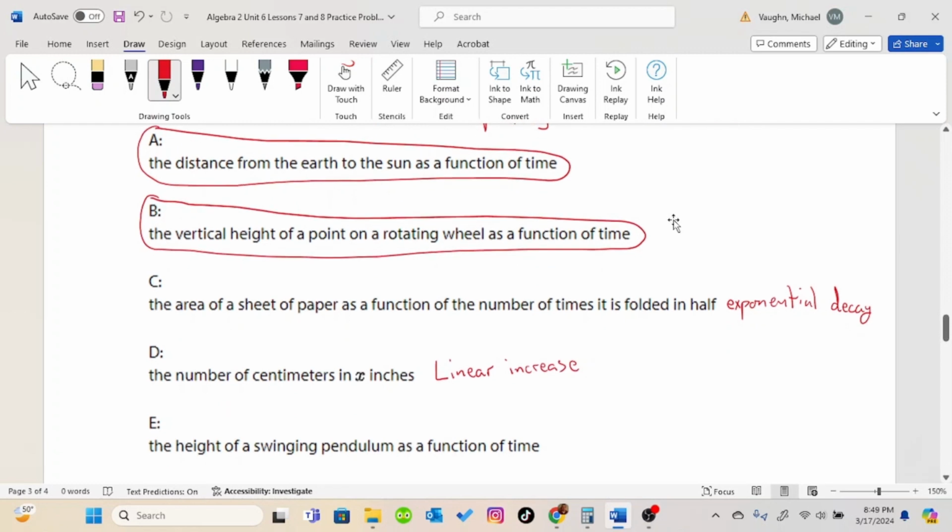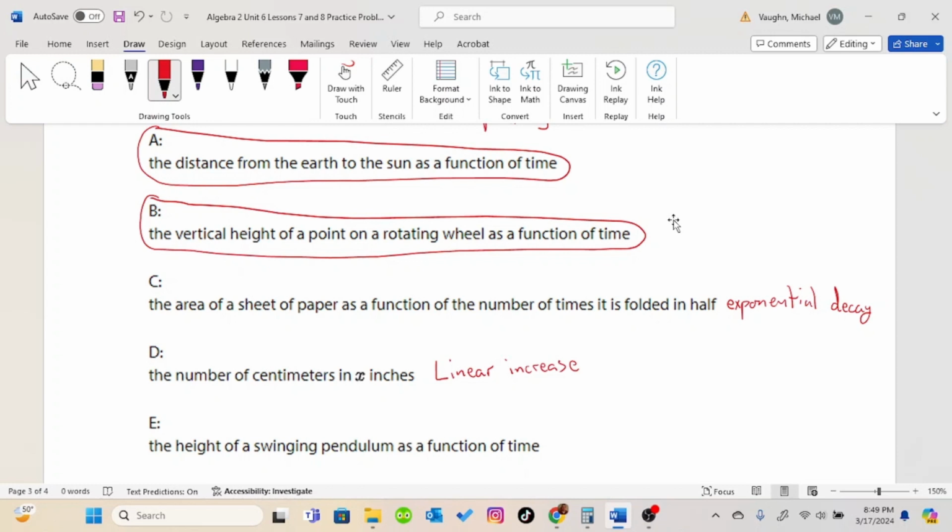Choice E, the height of a swinging pendulum as a function of time. If I pull a pendulum back, it will start at that height, it'll swing down to the bottom at the center, then it'll swing back up on the opposite side, then it will swing back down again to the bottom in the center, and then back up towards the top.